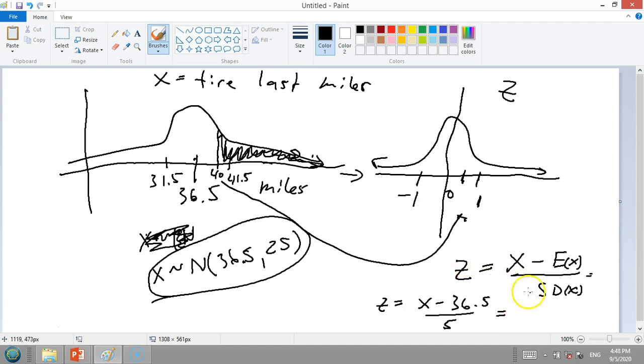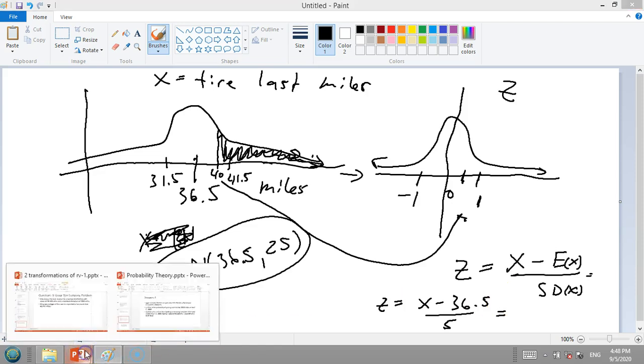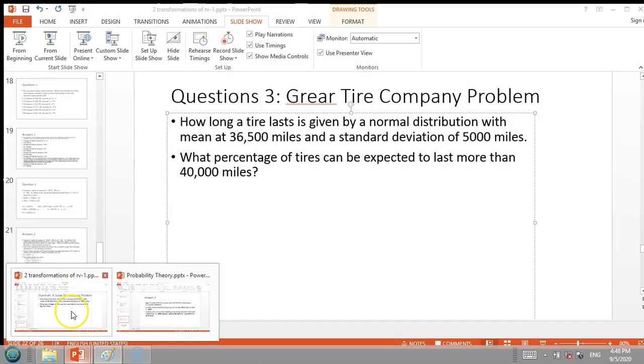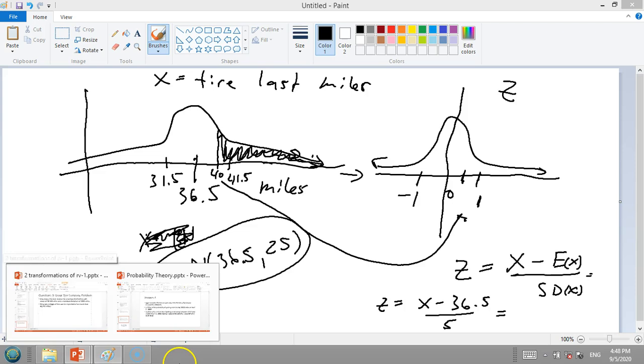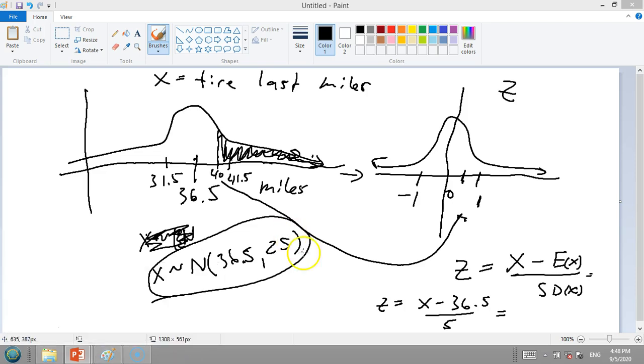And then, for x, what do I put? To just clarify, it should be 40, because I'm interested to know, right, 40,000 miles. So I just put the 40 here, okay? It's going to be 40 minus 36.5 over 5. And what is this number equal to?